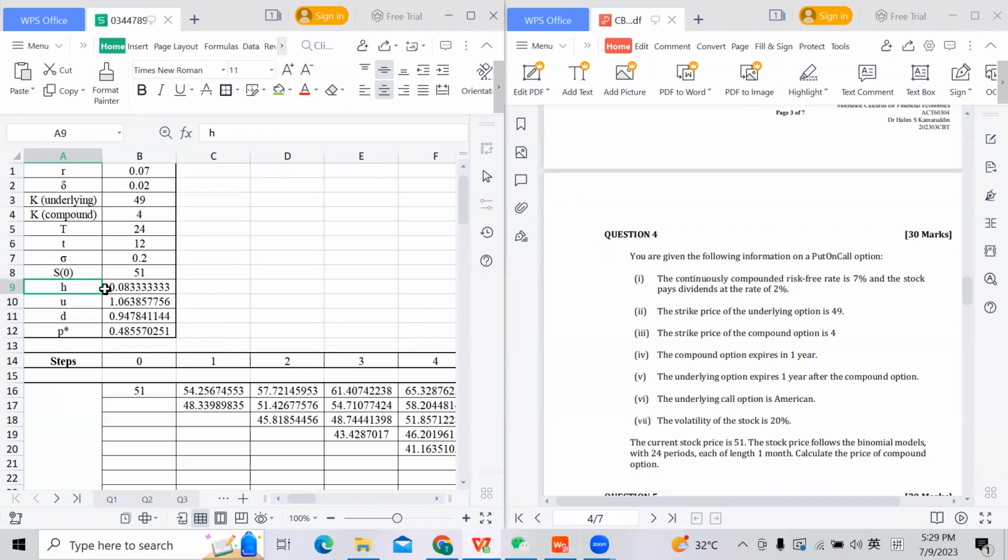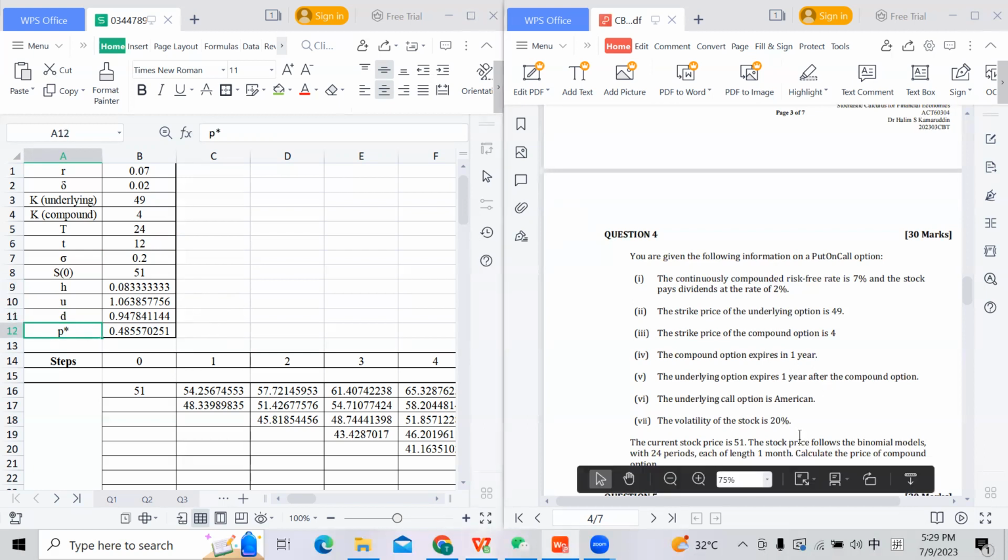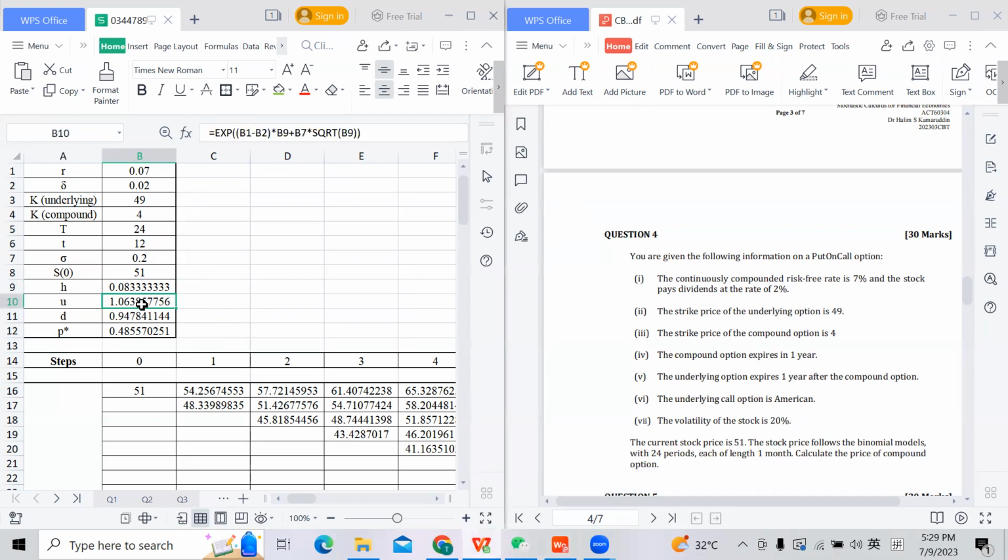Then we need to compute h, u, d, and p star to build the binomial tree. h is 1 over 12. The formula for u is the exponential of (r minus delta) times h plus sigma times the square root of h.